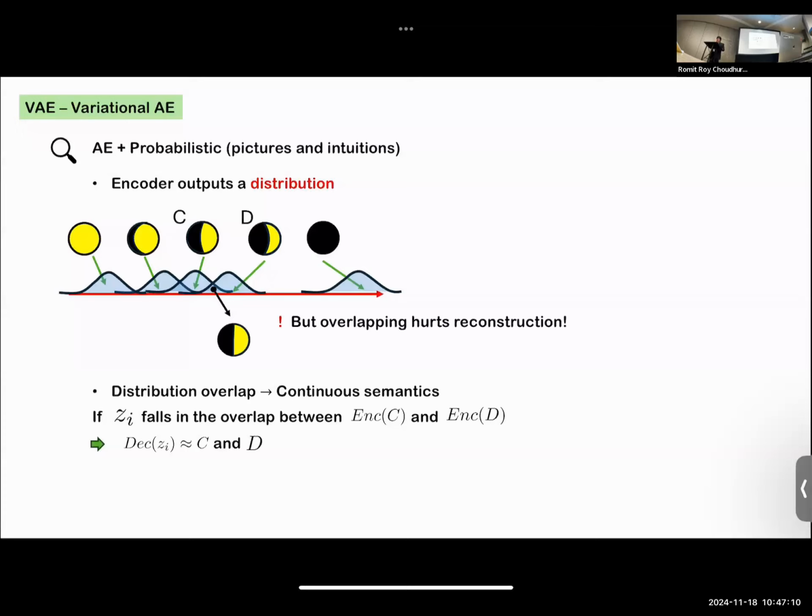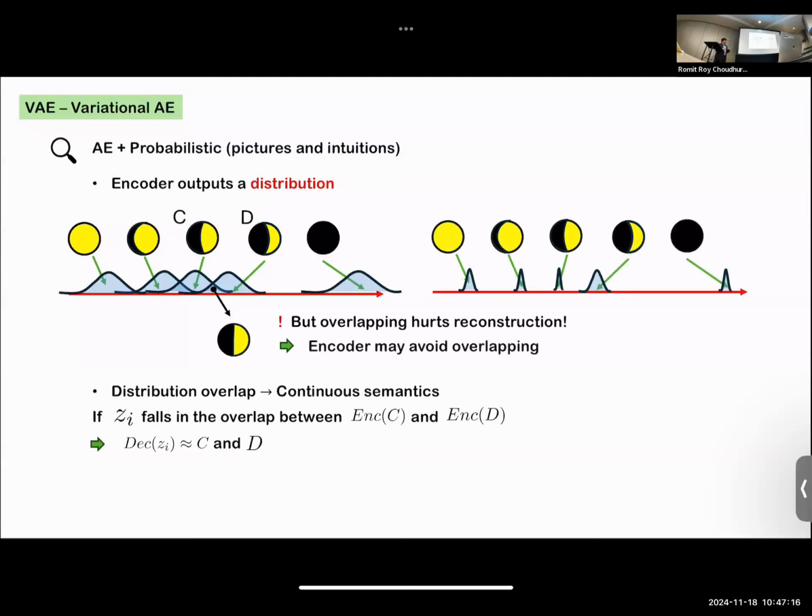So the thing is that this kind of distribution actually hurts the reconstruction. As per the question raised, the encoder will tend to say: you ask me to output a distribution, but I can output distributions that never overlap, which means each of the distributions has small variance or their means are far apart. In this case, the decoder has an easy job. It's very similar to an autoencoder again, right?